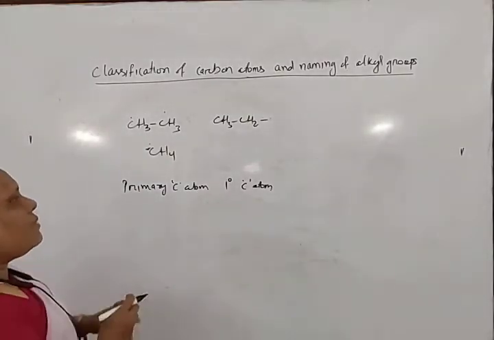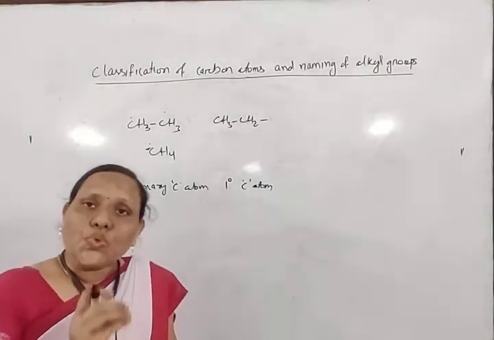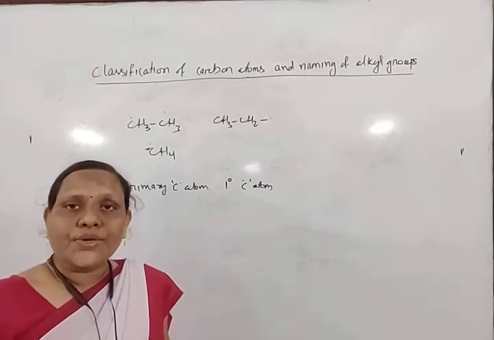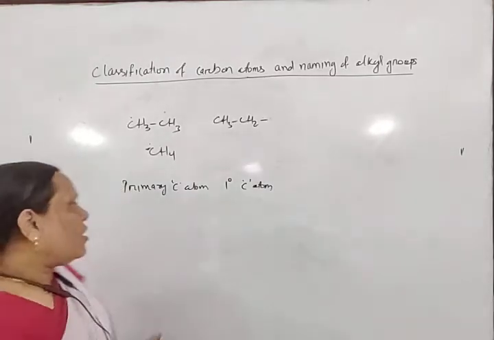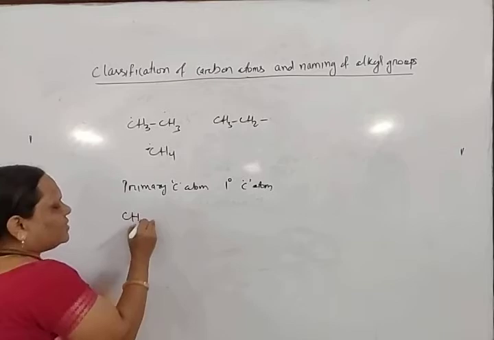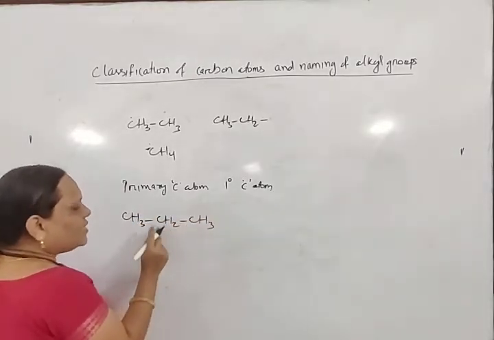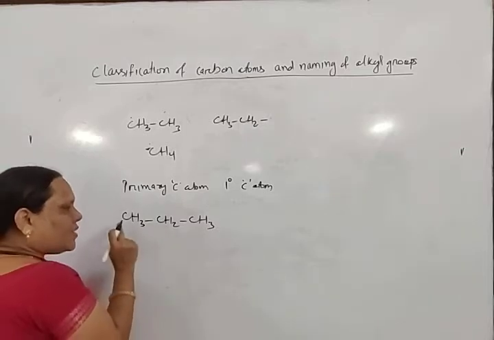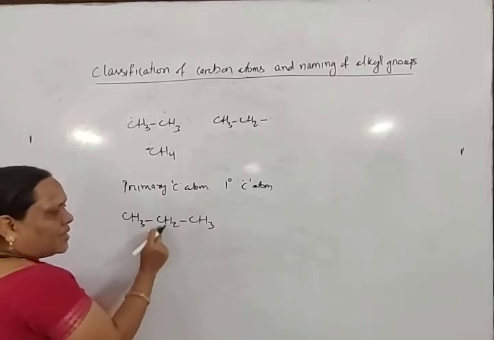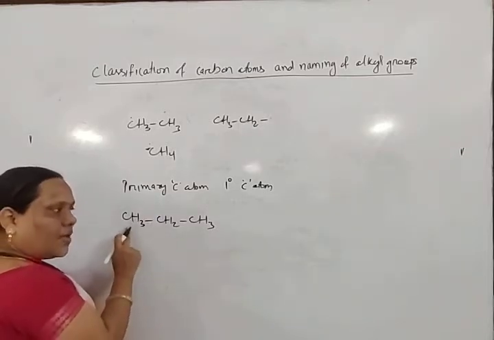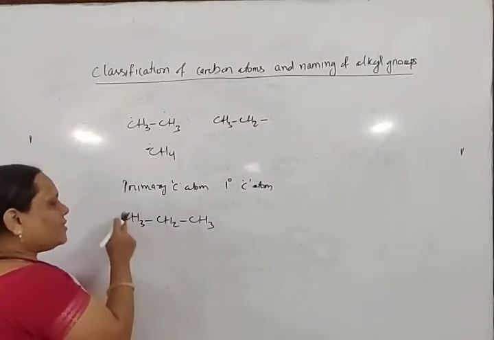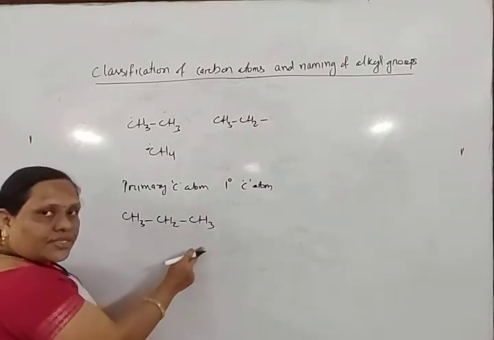Now look here. If the carbon atom is directly attached to 2 carbon atoms, that is known as a secondary carbon atom. So in case of propane, CH3, CH2, CH3, this carbon is directly attached to 2 carbon atoms, and there are 2 hydrogens on it.